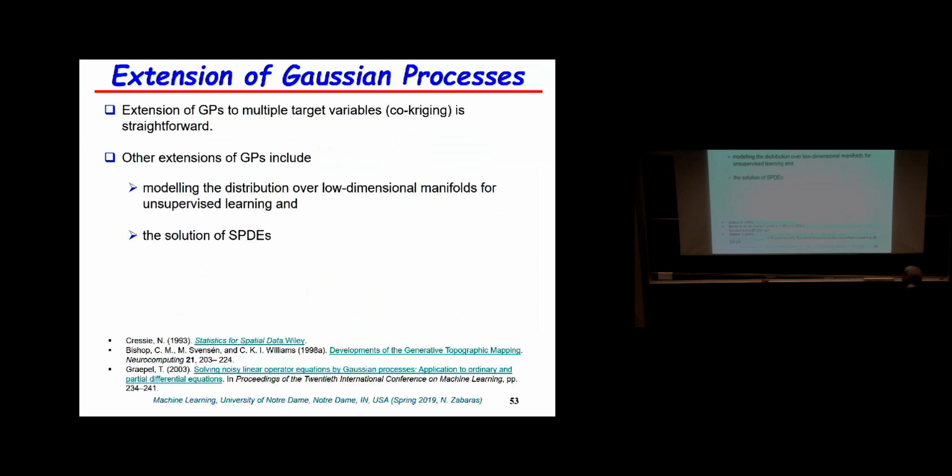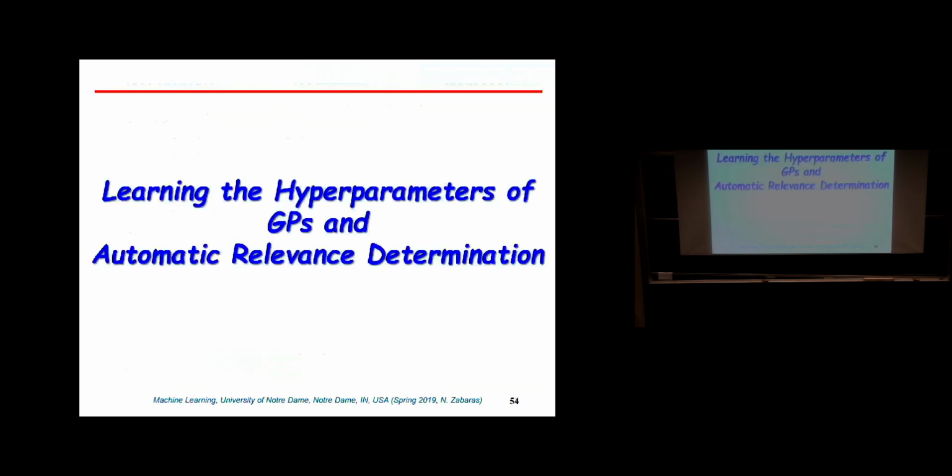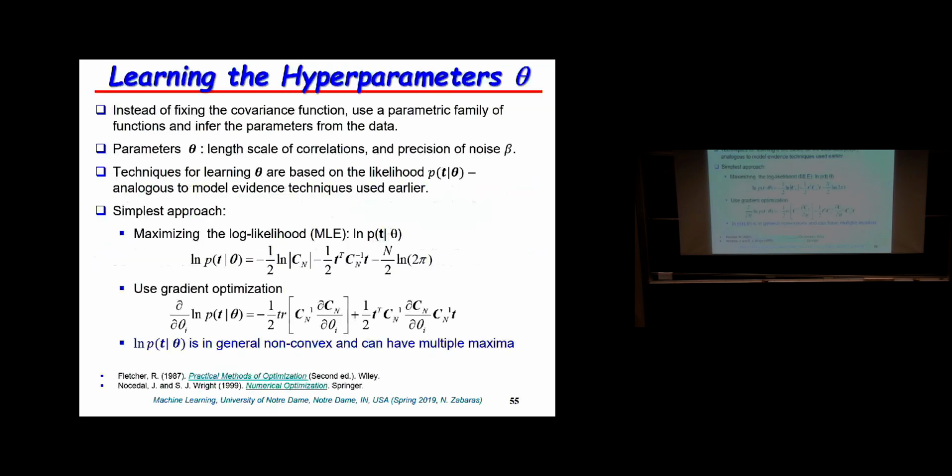I want to at least have 15 minutes to do the classification using GPs because it has a particular level of complexity. So let me go rapidly through some of the slides. First, learning the hyperparameters. We need to maximize this evidence. The evidence involves this matrix Cn.